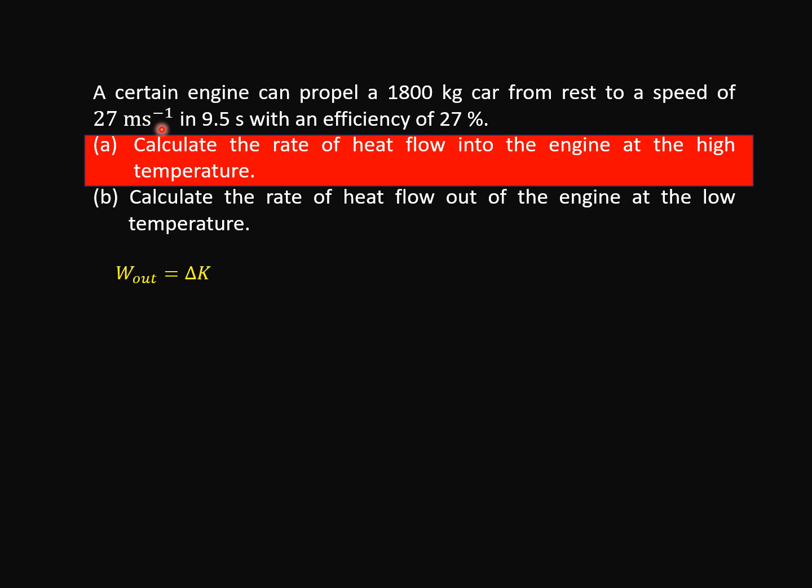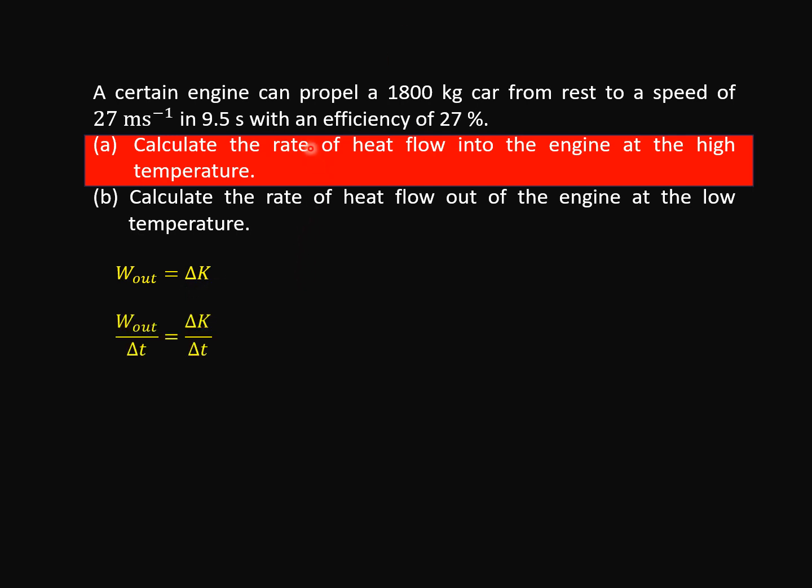So this is the amount of the kinetic energy gained by the car. So this delta K should be equal to the useful work produced by the heat engine. That is why we write W output work equal to delta K.